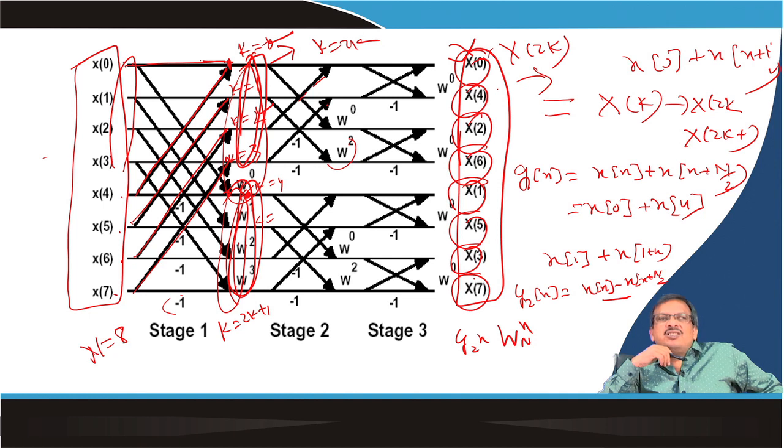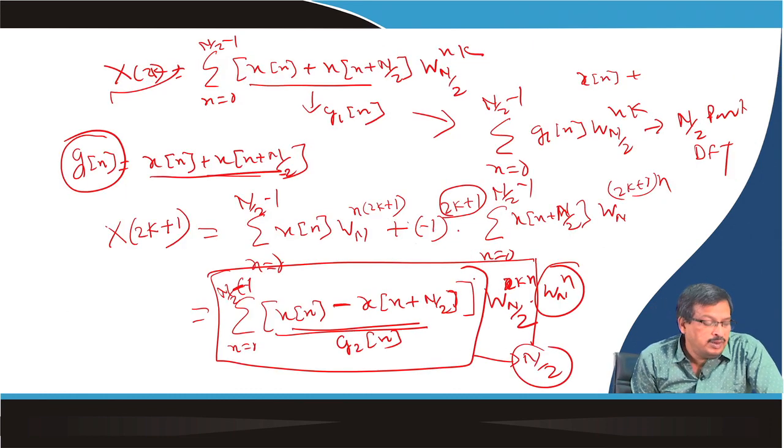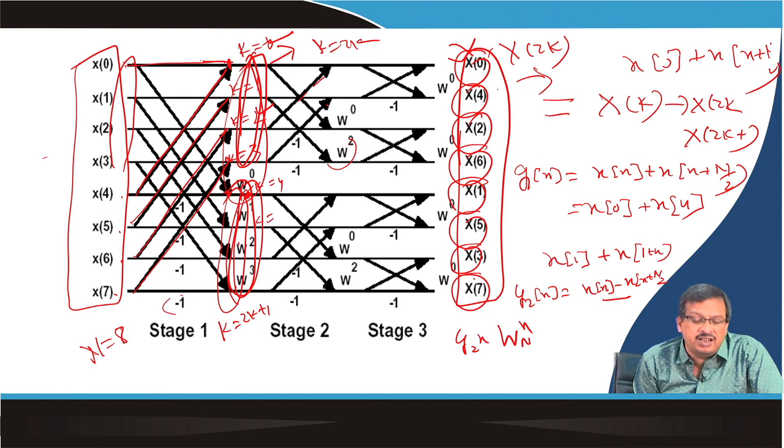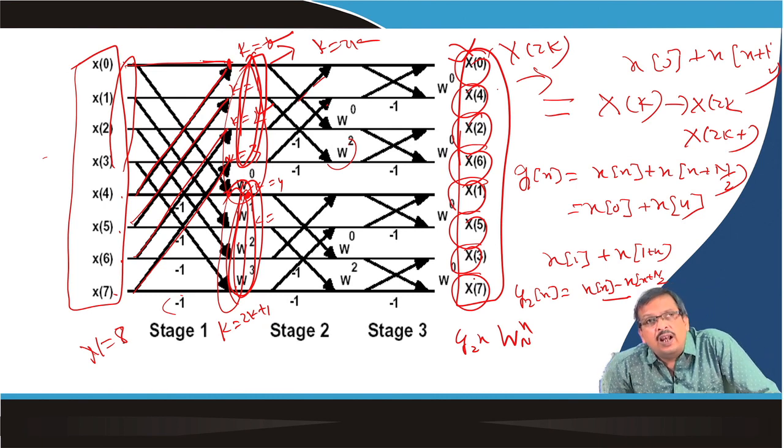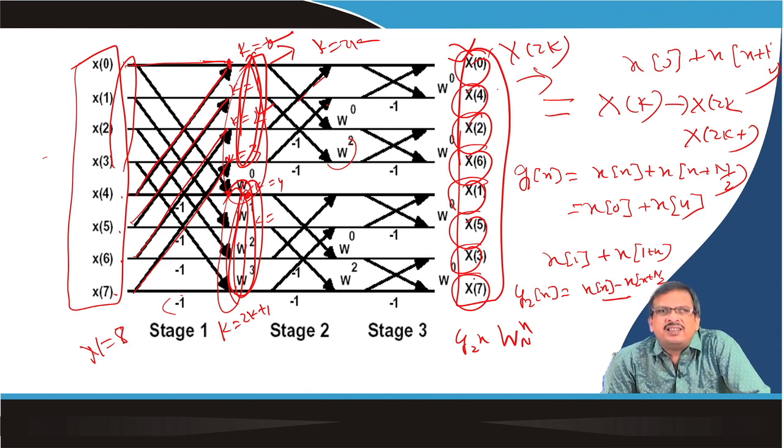So, this is called decimation in frequency. Is it clear? So, decimation in time and decimation in frequency are the two algorithms you have to know. The maximum use cases are decimation in time, and in some cases frequency is also used. So, whichever is convenient, you can use it.